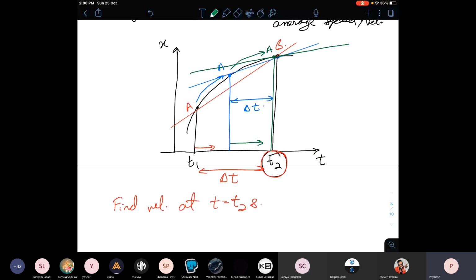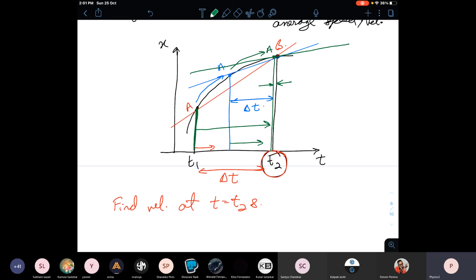Theoretically, what I have done is that I have taken this T1 line and pulled it very close to the B point, very close to T2. Now this interval is so small that you cannot measure the difference between the two.